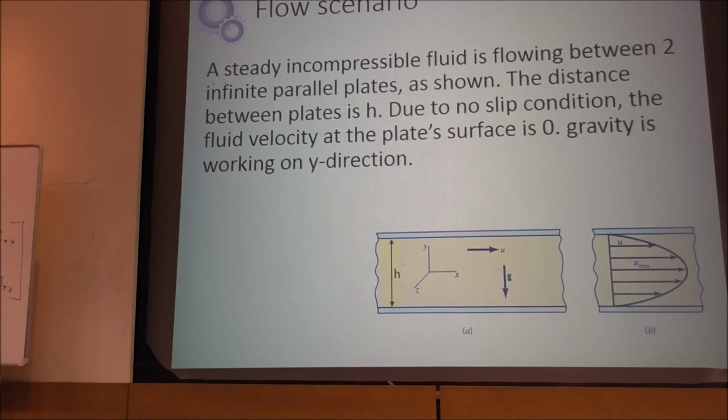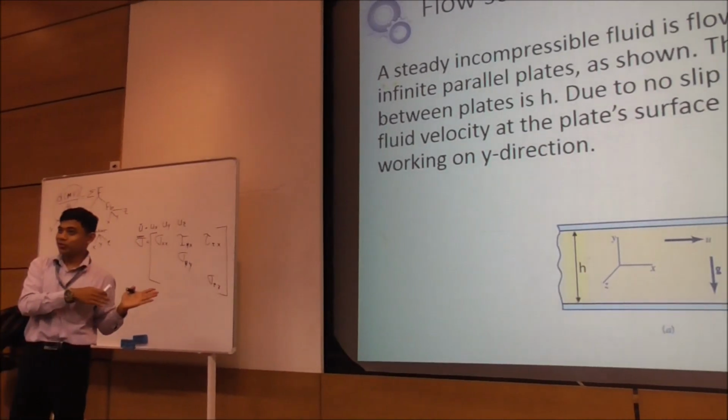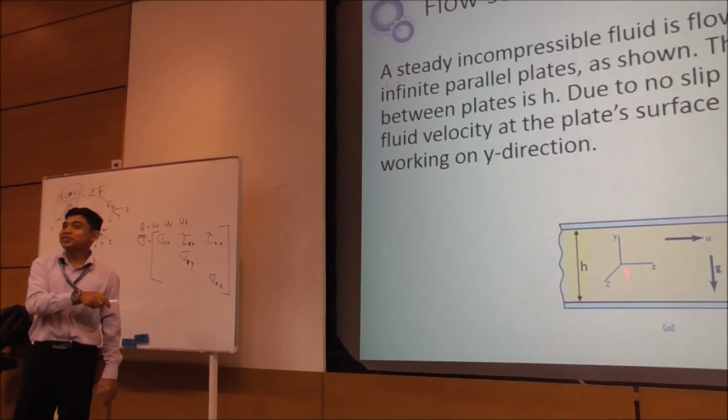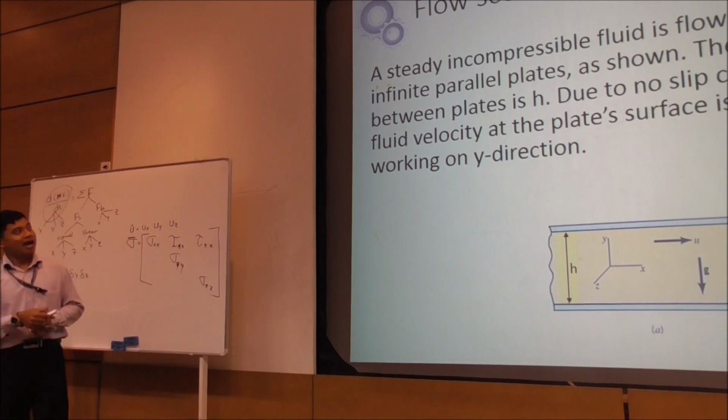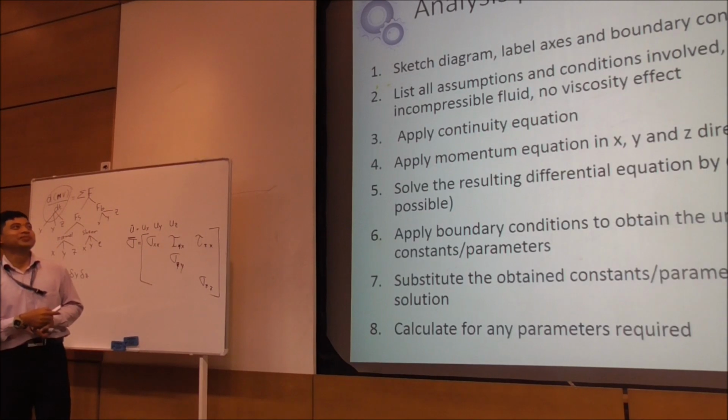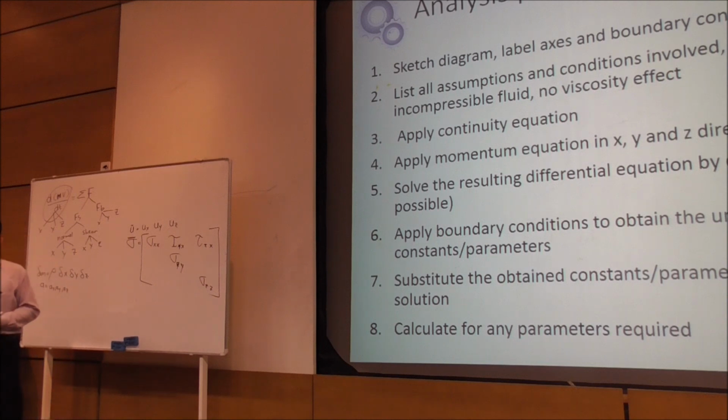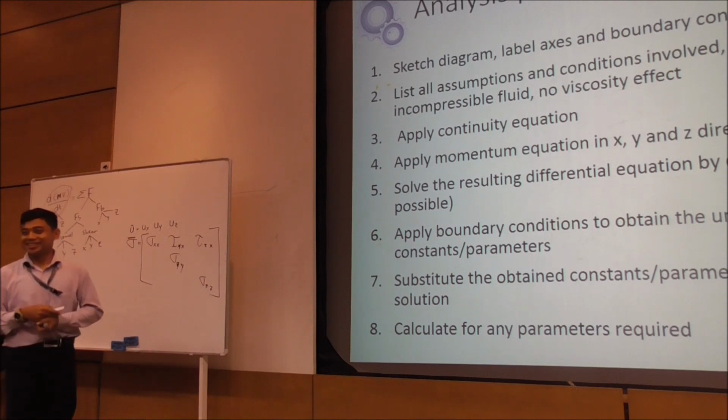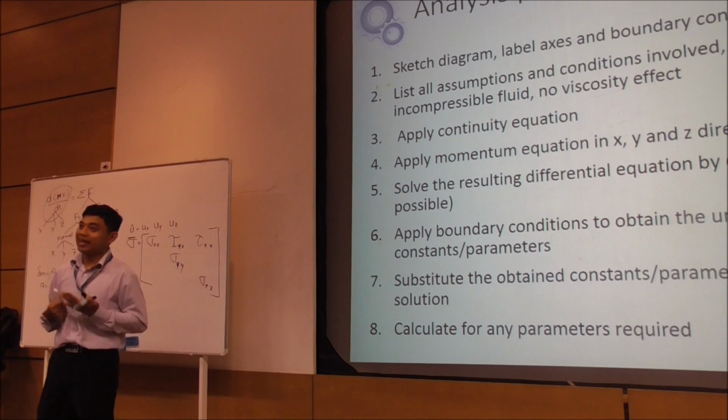Any question about this thing? Now the problem is, can you use our newly derived Navier Stokes to represent this flow? How to solve it? This is the procedure. You need to sketch a diagram, label all the axes. It's common, right? From statics, you have been trained how to do this.